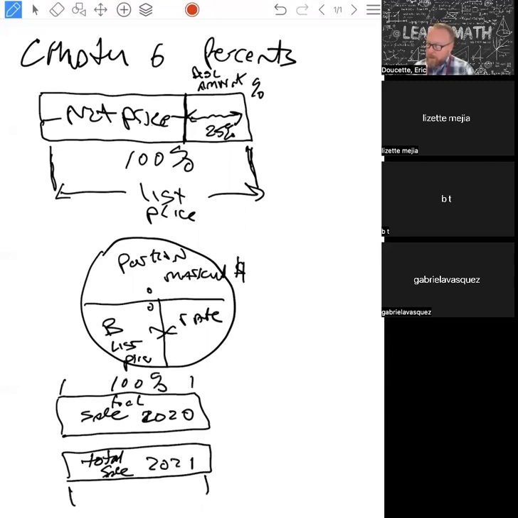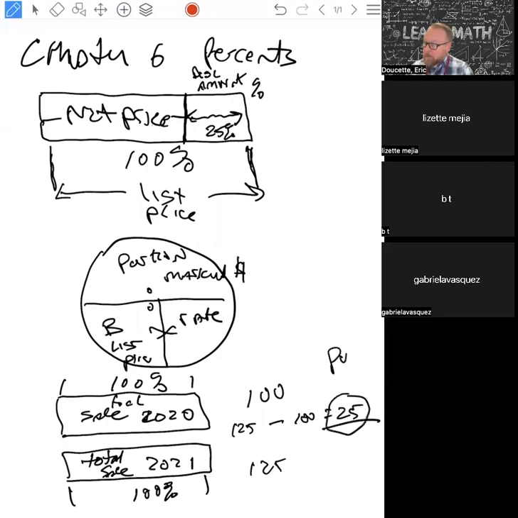And so in order to find the percentage of difference, you need to find first the amount of difference. So again, if this was 100 and this was 125, we would subtract the 100 from the 125. And of course, we saw an increase. That would equal 25. And then that 25 now becomes your portion.